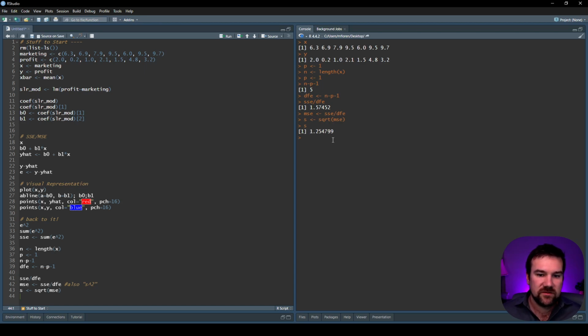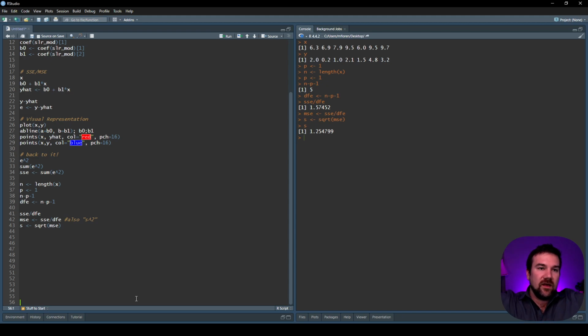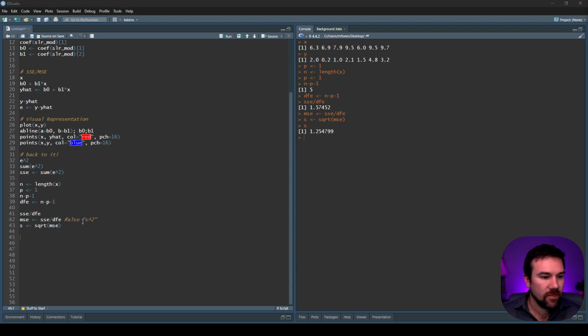So s is 1.2547. And remember, this is the real thing we're after, because this serves as a foundational component when we're doing the standard errors for each of the betas. So this is the foundational component in the standard error terms.